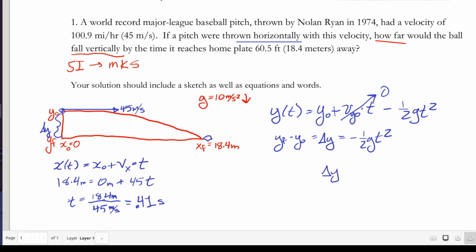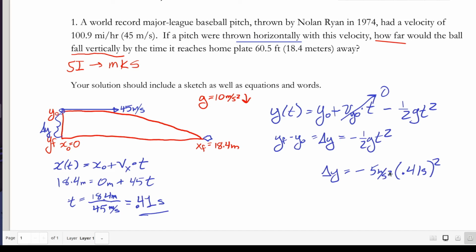So delta y equals negative, g is 10 meters per second squared. So this is negative 5 meters per second squared, 1/2 of 10, times the number of seconds squared. We saw from our first part here that the number of seconds is 0.41 seconds, and we square that.